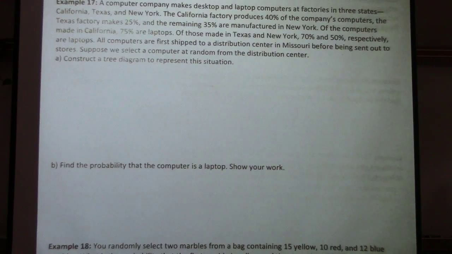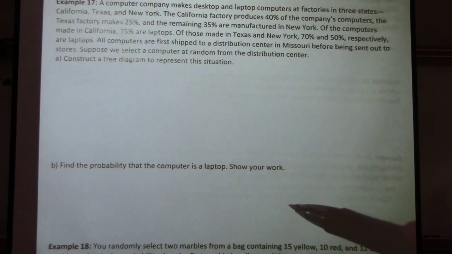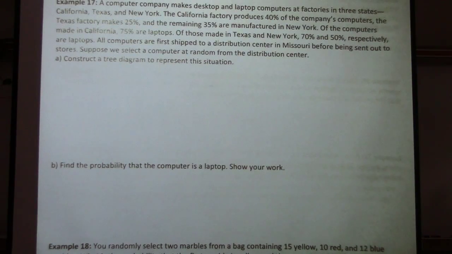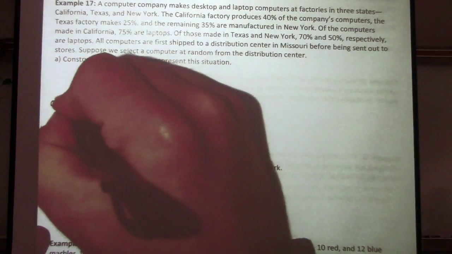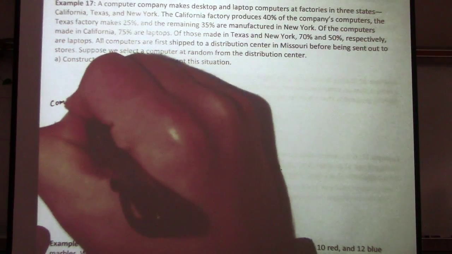All computers are first shipped to a distribution center in Missouri before being sent out to stores. Suppose we select a computer at random from the distribution center. We're eventually going to try to consider what's the probability that the computer is a laptop. But to answer this, we're going to create a tree diagram. So what we're selecting here are computers.